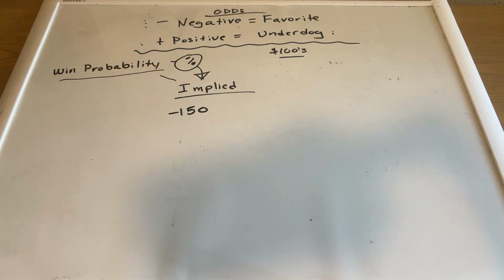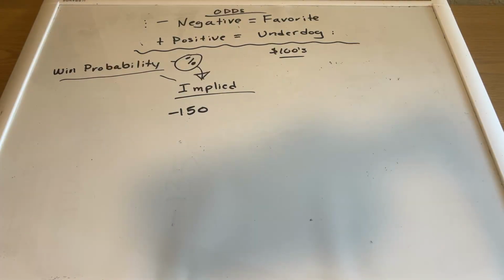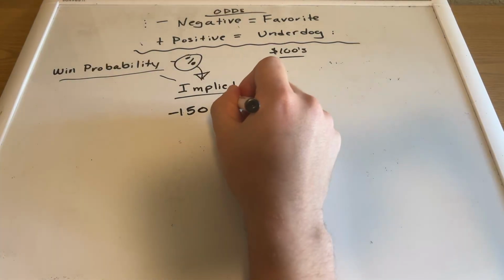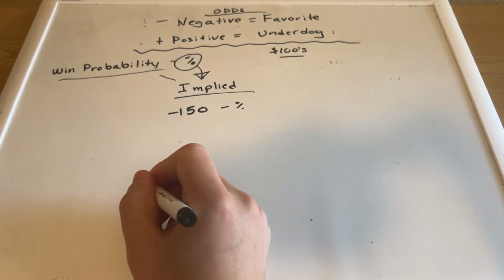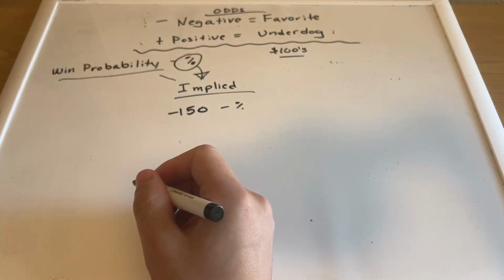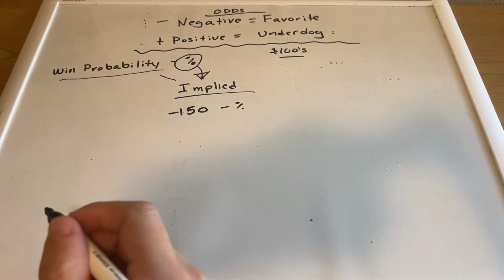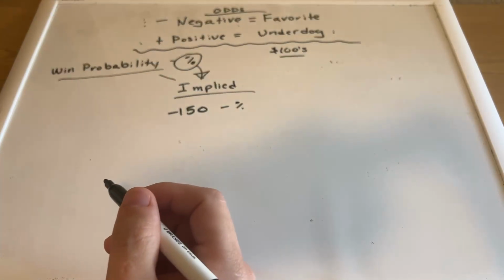Minus 150. Obviously we know that since it's minus, that's the favorite there. But how do we turn this into a percentage that we understand? Obviously, the whole goal is to find an edge. Anywhere you can find an edge, it's just going to help you win a little bit more than losing.